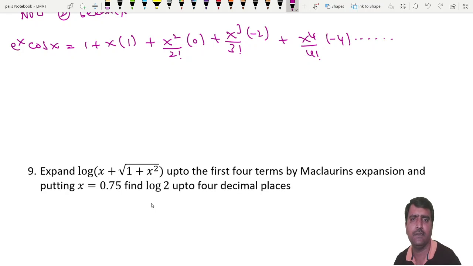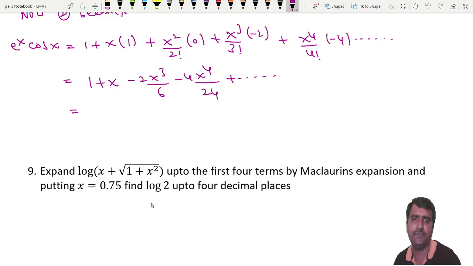So that is equal to 1 plus x, y2 is 0, this term becomes 0, minus 2 into x cube by 3 factorial, which is 6, minus 4 into x to the power 4 by 4 factorial, which is 24, plus and so on.